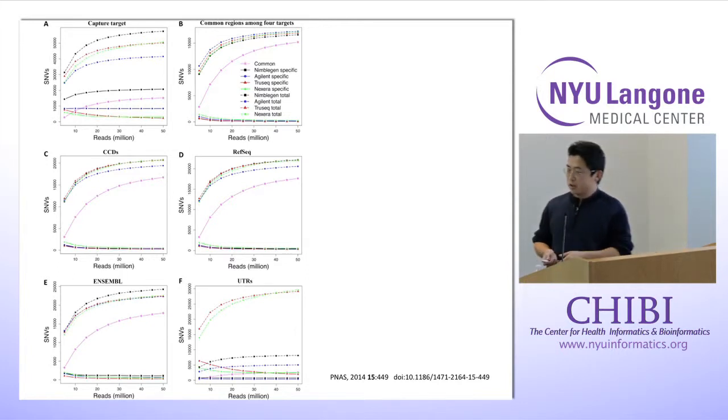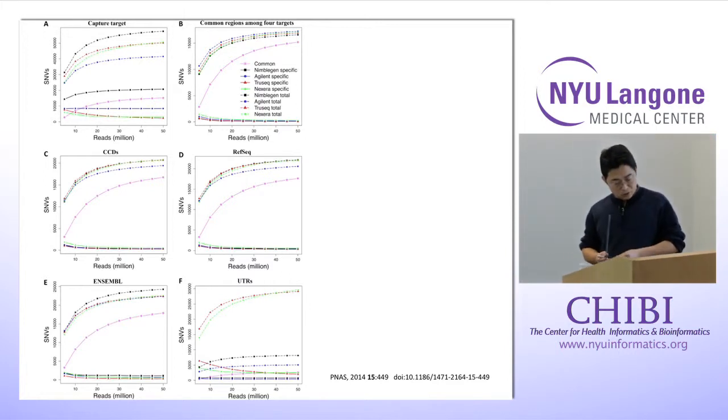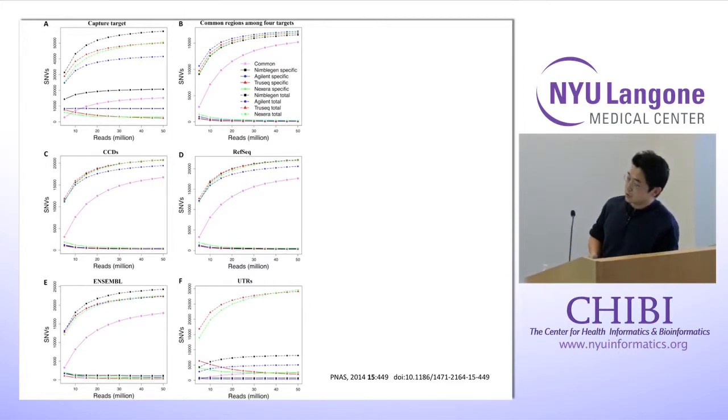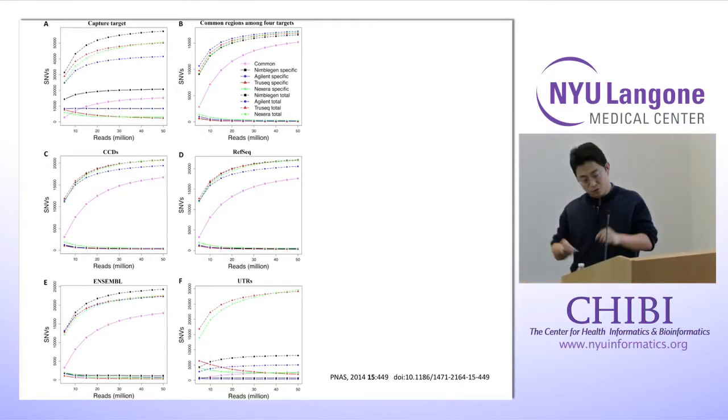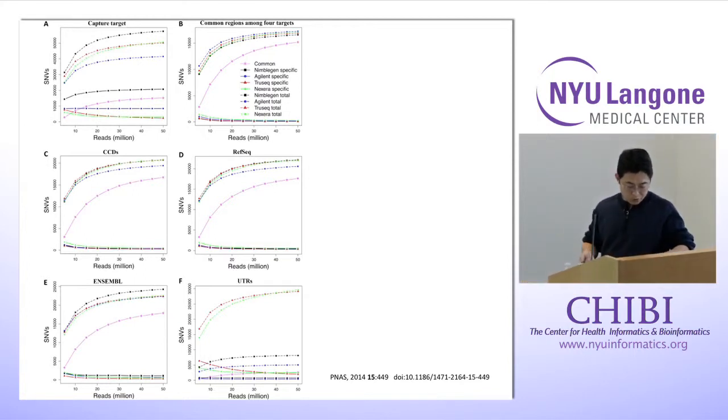For us, we are interested in looking at regulatory mutations. You can imagine the exome sequencing covers, when you get your alignment, some regions that are in the UTR region.